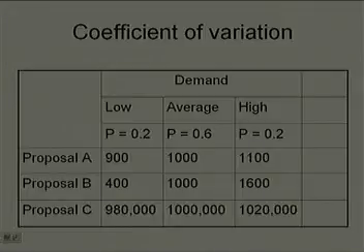If you compare proposal A and B and then compare proposal C, the values are quite different. In first two situations, we are dealing in hundreds or maybe even thousands, whereas in proposal C, we have values in lakhs or hundreds of thousands.